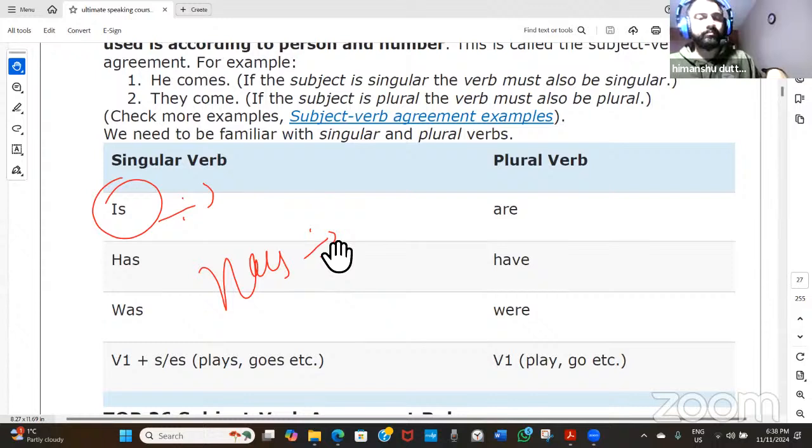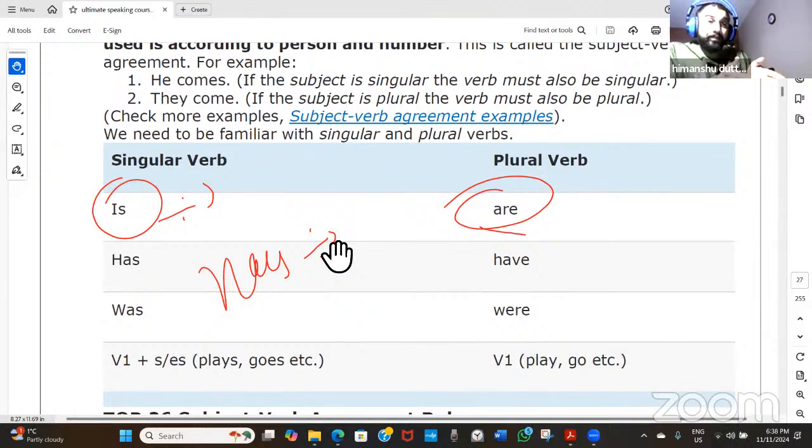We cannot say boys is, girls is, horses is; all wrong. These three examples would be wrong. If I say horses, then we will use are.